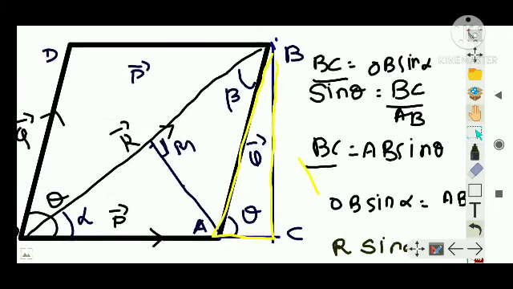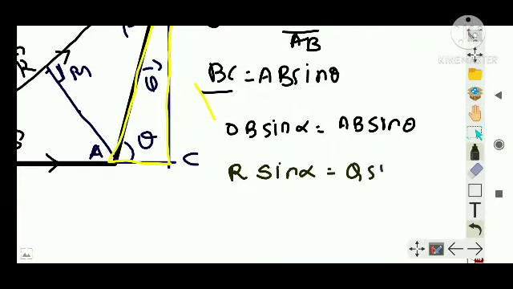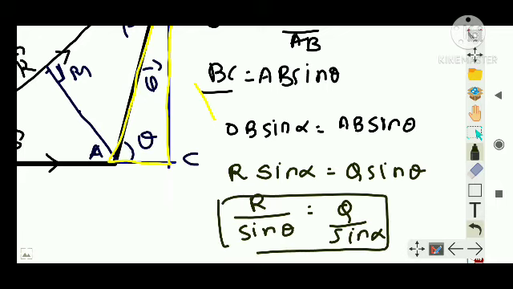Look at the figure. It is the q vector, right? So I will write q sine theta. Now, bringing sine theta below, I get r by q equals sine theta by sine alpha. Clear? Now let's keep it here itself.